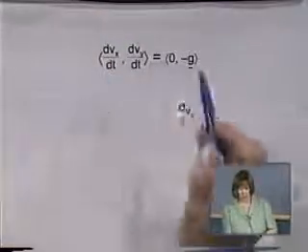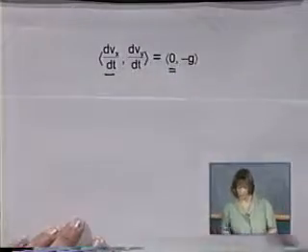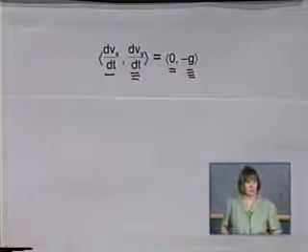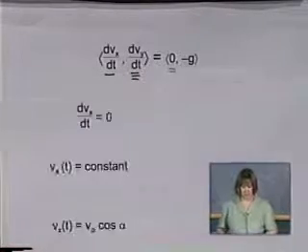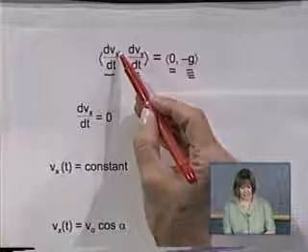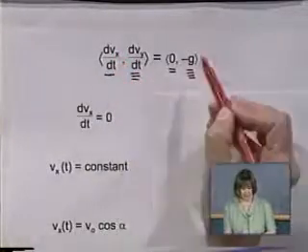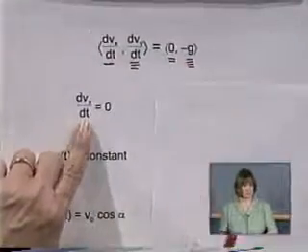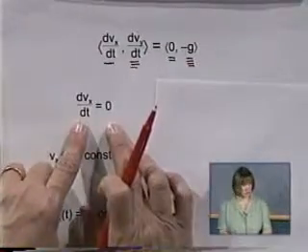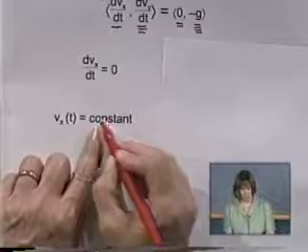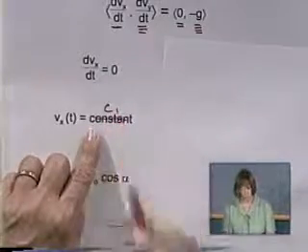Now, if two vectors are equal, this x component equals that x component, and this y component equals that y component. So what I'm going to do is break it up into two separate equations. Over here, I'm setting dVx, the derivative of the x component of the velocity vector with respect to time, equal to 0. And if I integrate both sides, which I will, I get Vx is equal to 0 plus some constant, which I'll call C1.